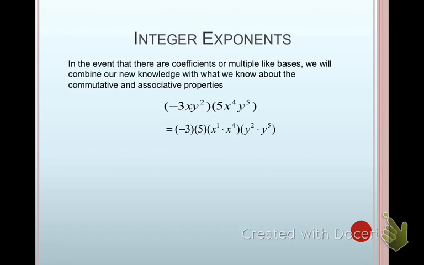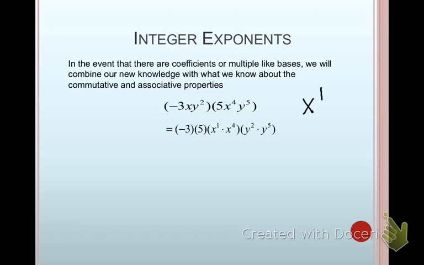Now notice that with that x, I went ahead and wrote in an exponent of 1 with it. Anytime you have a variable that doesn't have an exponent written with it, technically it has an exponent of 1. So you can always write in that 1 if it helps you remember that it's there.